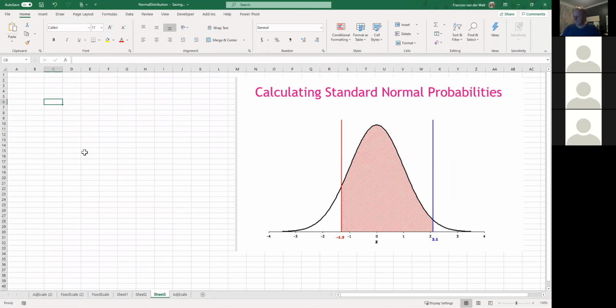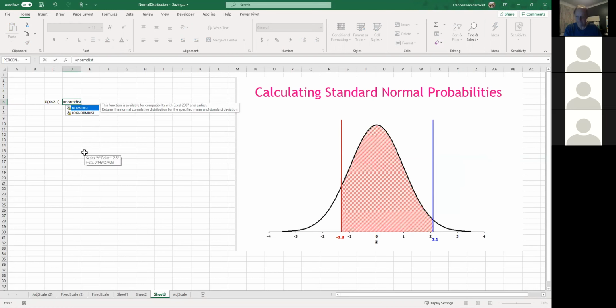So, for instance, the probability of x less than 2.1 for a normal distribution is equal to norm dist, x is 2.1, comma, the mean is 0, the standard deviation is 1, and we know the answer here is true.